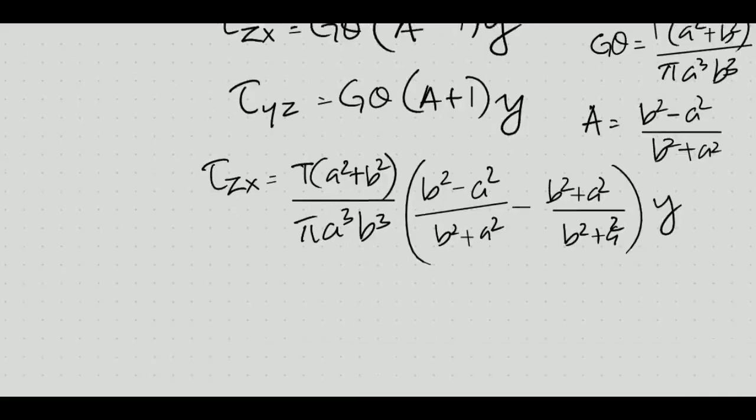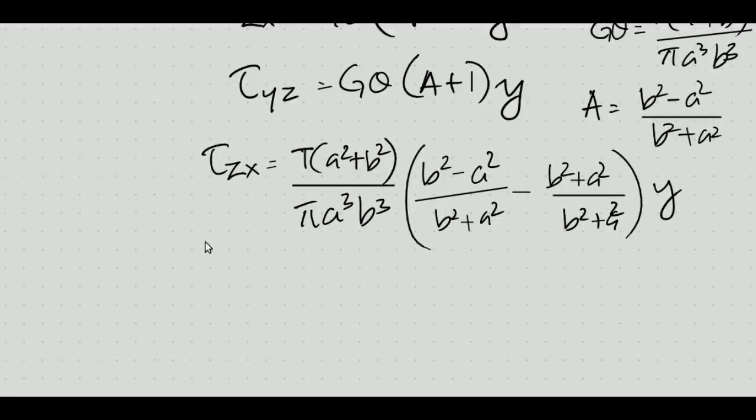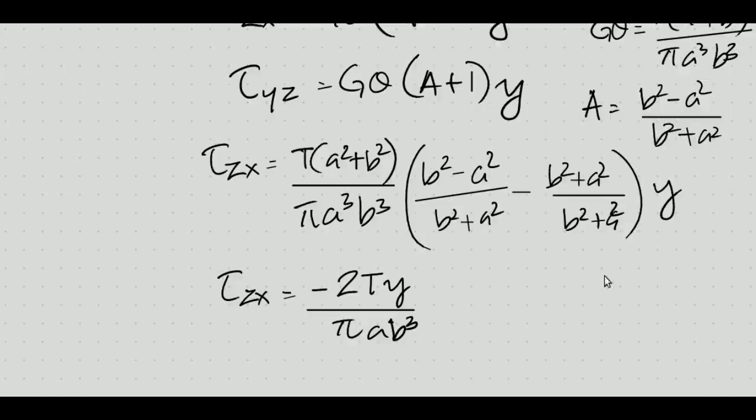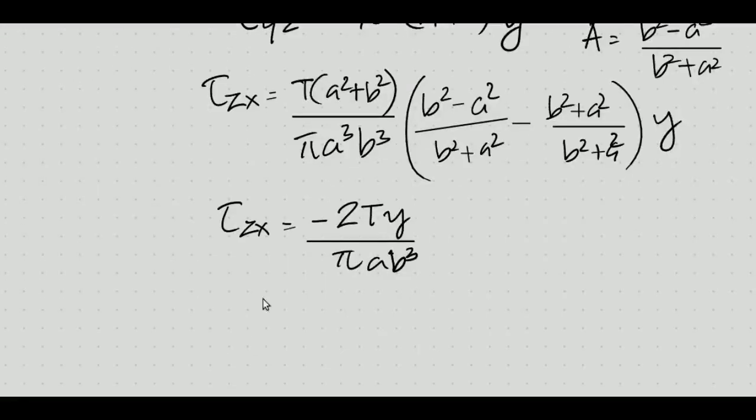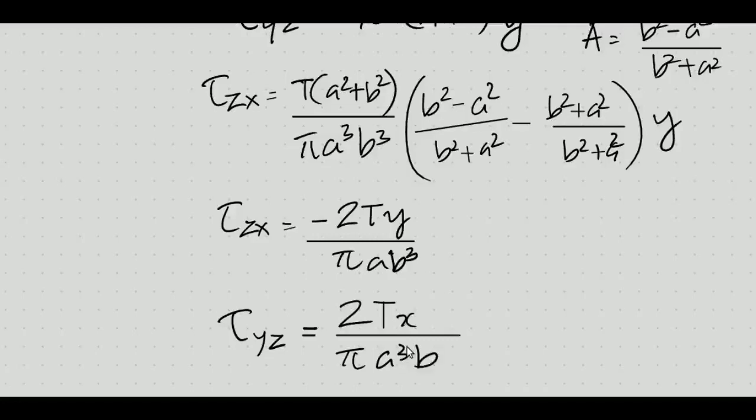Reducing this, we get the equation τzx = −2T y divided by π a b³. Similarly, if we substitute the values of A and θ, we get τyz = 2T x divided by π a³ b.